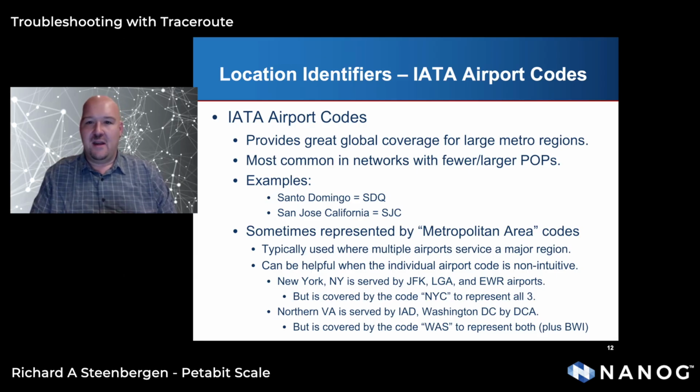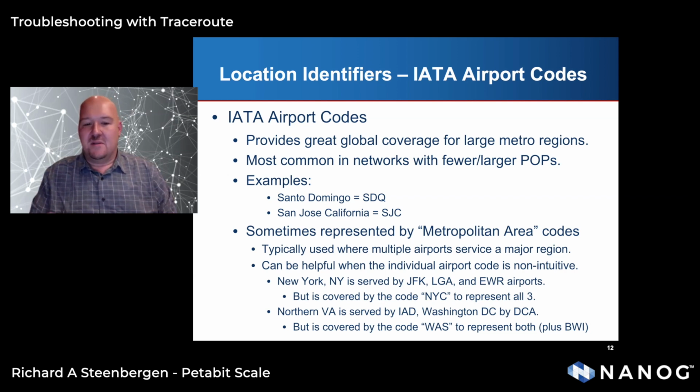For example, if you're a global backbone provider with capacity in major cities, so you're in London, you're in Frankfurt, you're in Paris, it works really well. If you have a large number of locations, imagine you're a telco with thousands and thousands of POPs covering all these little small cities, it tends not to work very well.